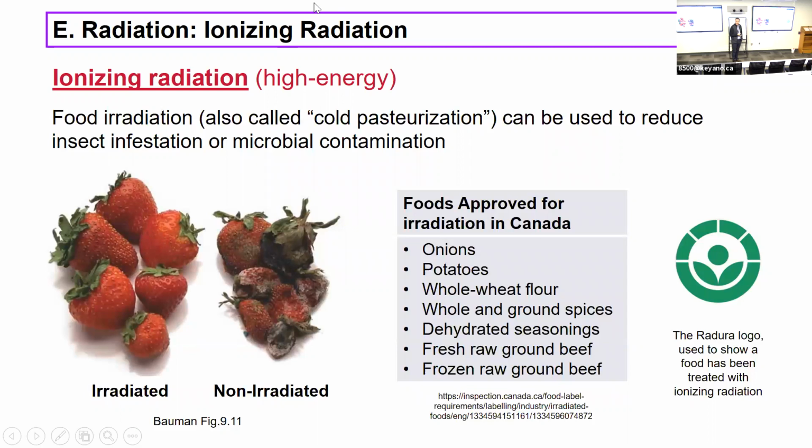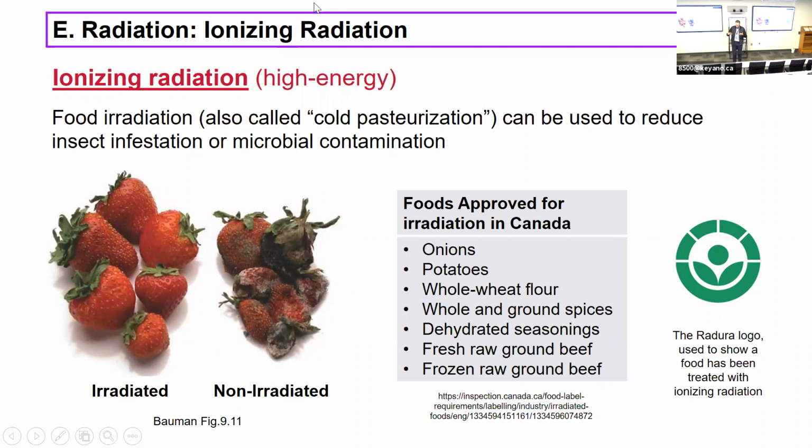Something we're starting to see now is these ionizing radiations being used for sterilizing certain things. There's been a lot of this in the news in the last few years about ionizing food. And so in Canada, we're starting to use this for certain food products. The whole idea is you have food and you want to preserve it. And unfortunately, there's fungi and other microorganisms that are going to spoil that food.